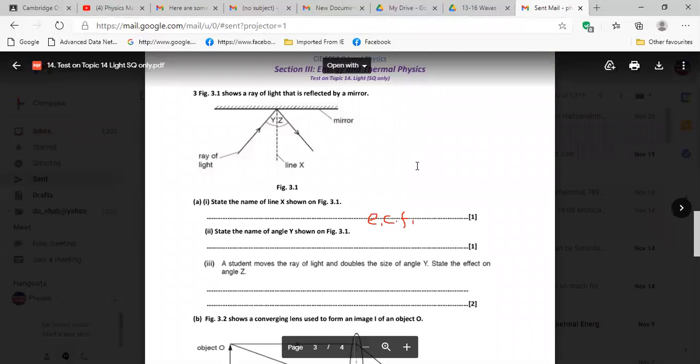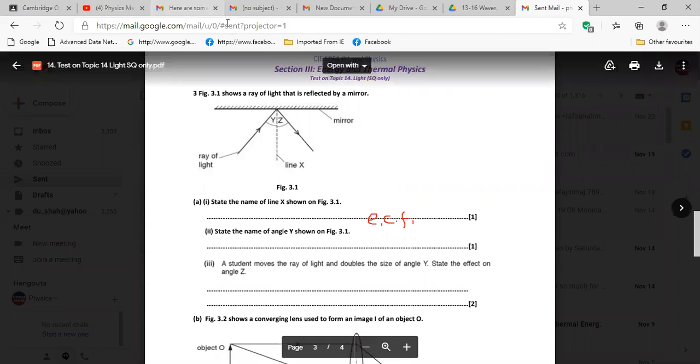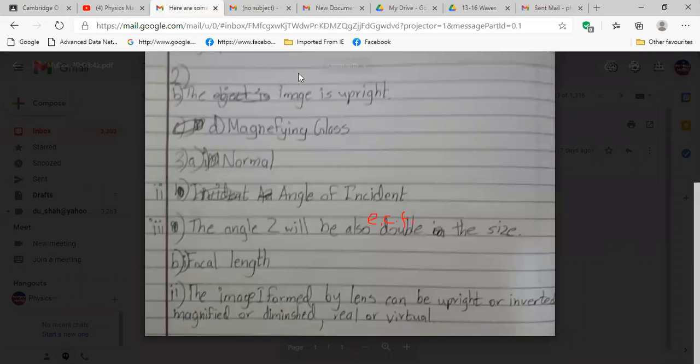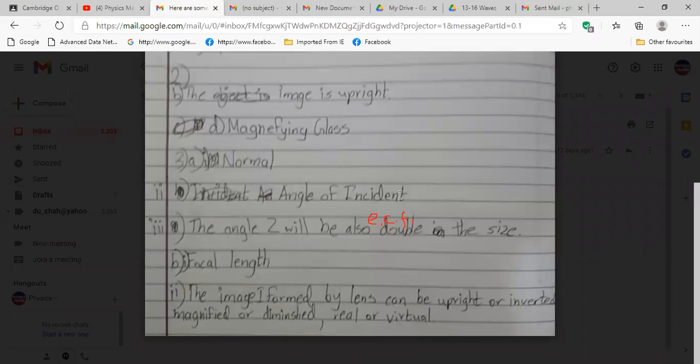State the name of the angle Y shown in figure 3.1. So this one is, Mahi wrote, angle of incidence. It is correct. So give a tick here. Angle of incidence or incident angle, one is adjective, another one is noun, right? Yes, sir.